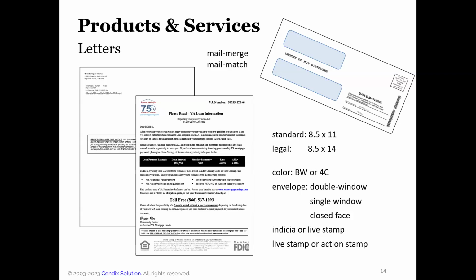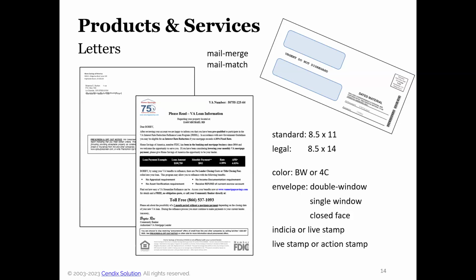In the data file for each recipient, we've got the amount of their mortgage, and we've calculated the monthly payment, the rate, and the APR. For each document, we put in that personal information for that specific recipient. So every single letter in this batch is going to be different, and each letter will be targeted to the recipient. That's what we call a mail merge, when we put in personal information.